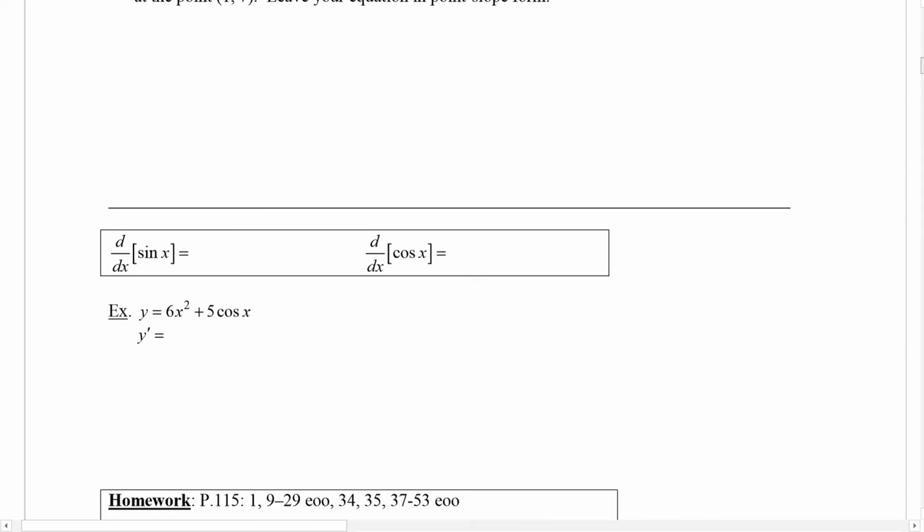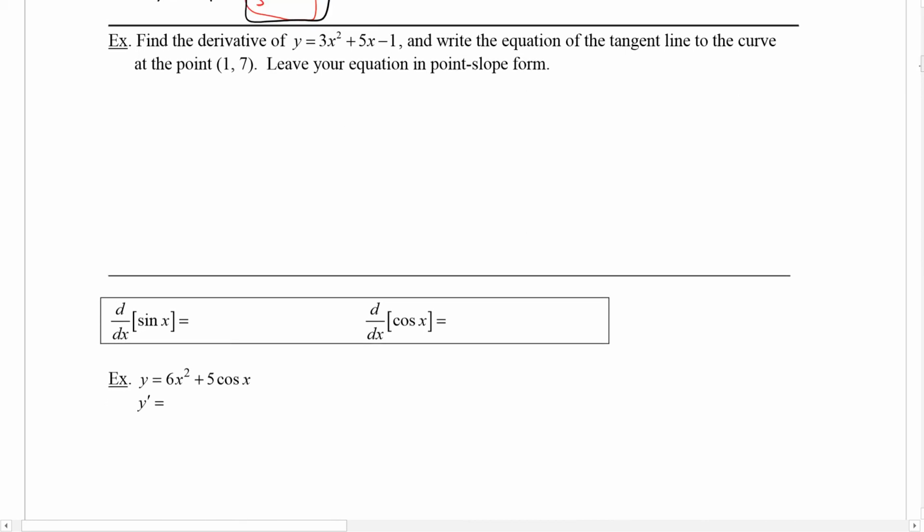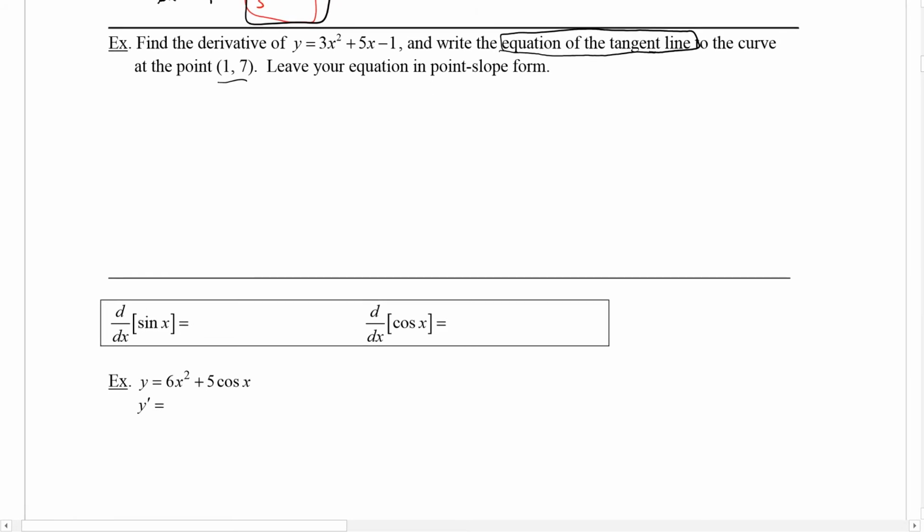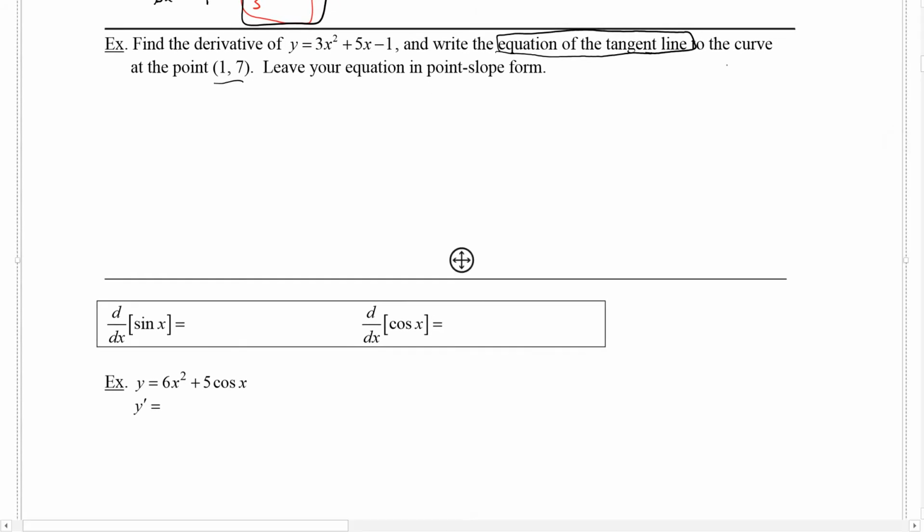Next example. We have: find the derivative of y and write the equation of the tangent line to the curve at (1, 7). The equation of the tangent line means that we need to have a line, and we all know that we need to have our answer in the form y minus y1 equals m times x minus x1.